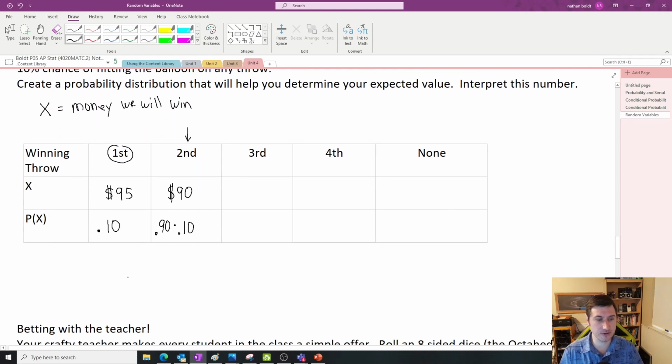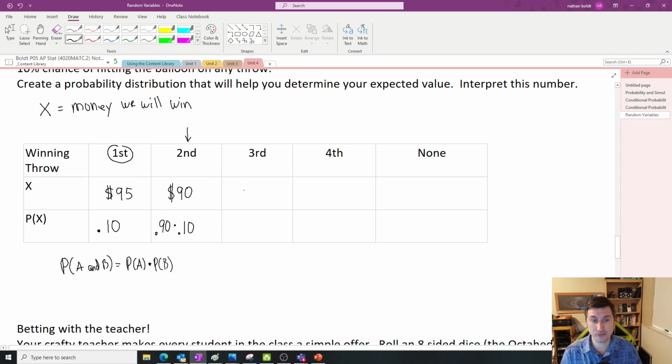Okay, these are independent events. We are doing the probability of A and B. All right, and the probability of A and B is the probability of A times the probability of B. These are independent, so we get to use this simpler one. If they were not independent, we'd have to use the general multiplication rule, but these are independent events, so I can use the simple one.